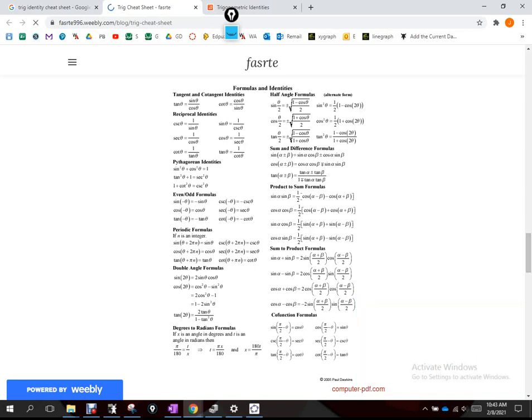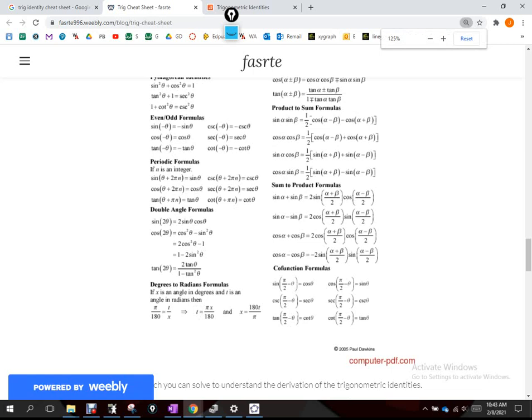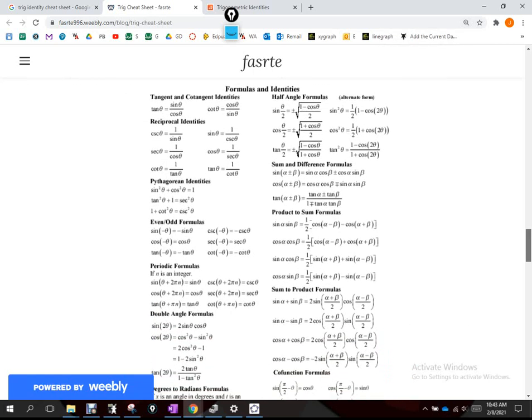Now this is a truncated sheet, okay? It's pretty short actually. But you would not want to go through and memorize all of those things, would you?